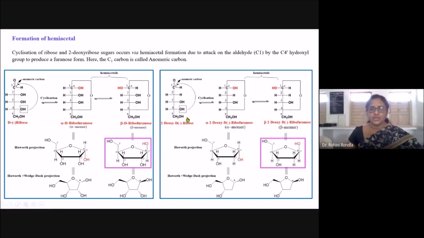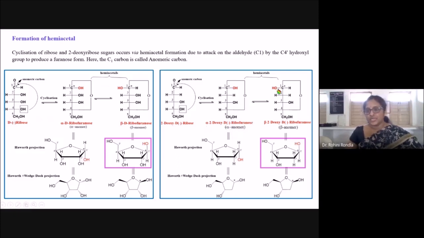Similarly, in 2-deoxyribose in the DNA, this 2-deoxyribose on cyclization forms similar types of hemiacetals. What is the difference? Here, there is no oxygen at the second carbon in the deoxyribose. Here also, if the hydroxyl group is on the right side, we can call it the alpha anomer or alpha 2-deoxyribofuranose.